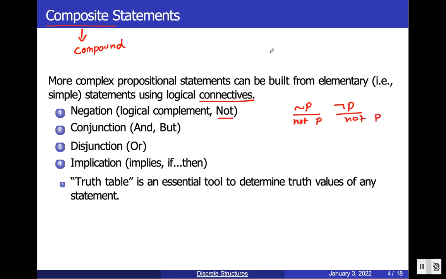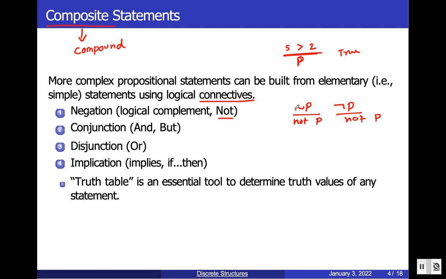So P is a statement means, for example, 5 greater than 2. We are saying that's a statement and the name of the statement is P. Here, 5 greater than 2 is true.